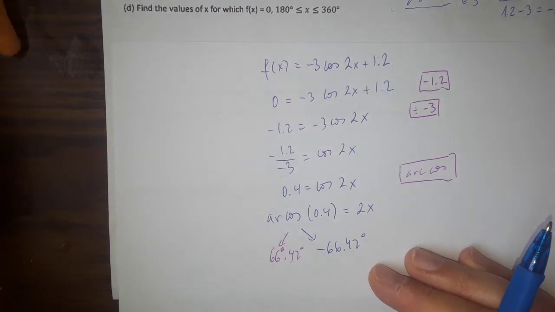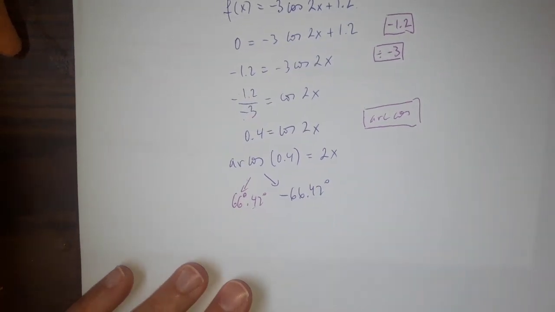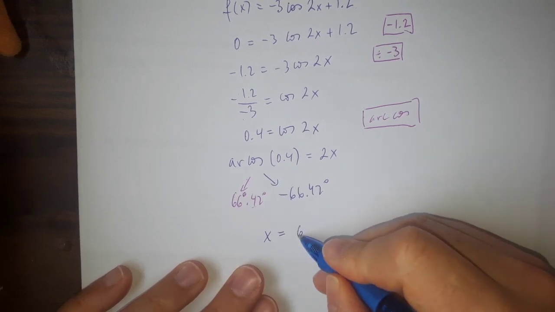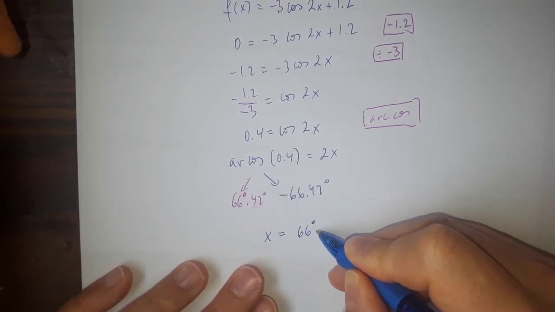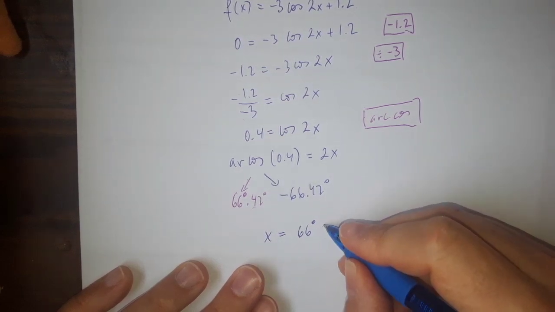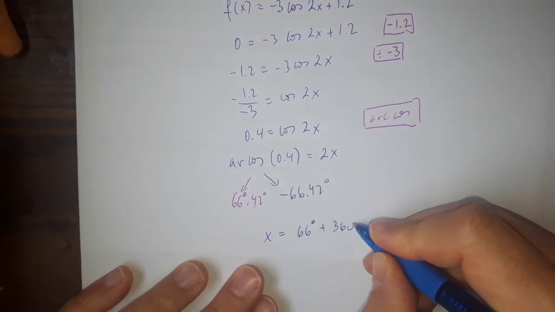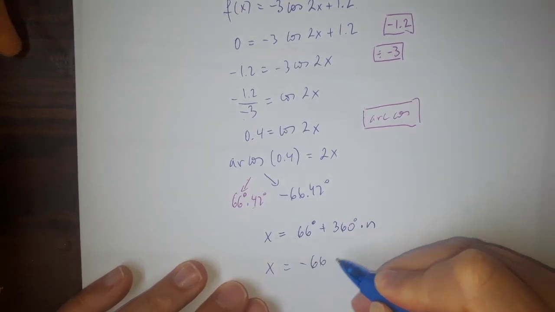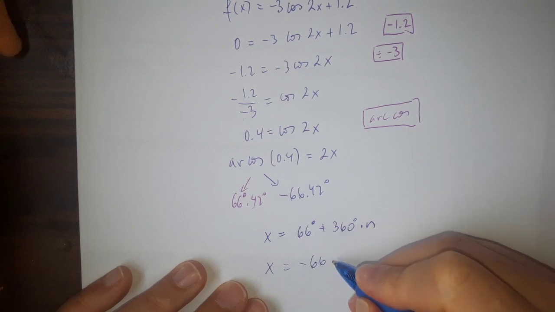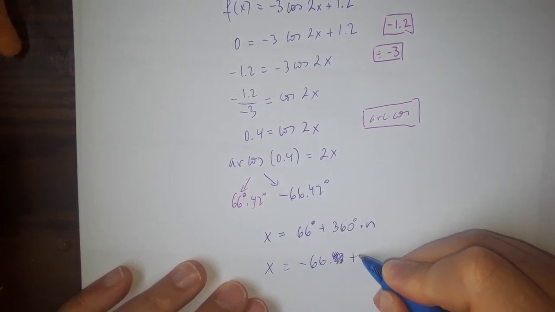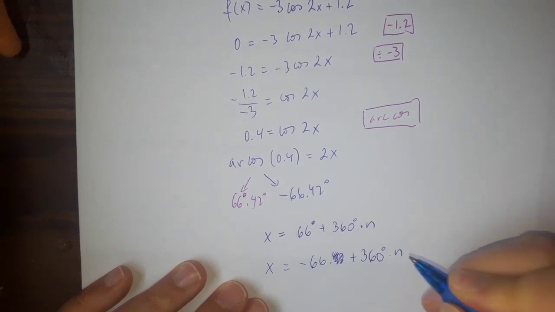So we have two solutions here, right? One solution is going to be 66, I'm going to drop the 0.42 to make it easier, plus 360 times n. And then the other one is going to be negative 66 plus 360 times n, right?